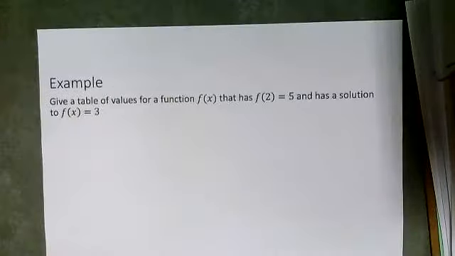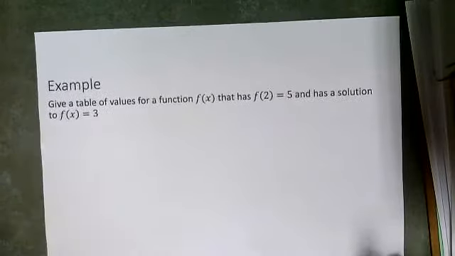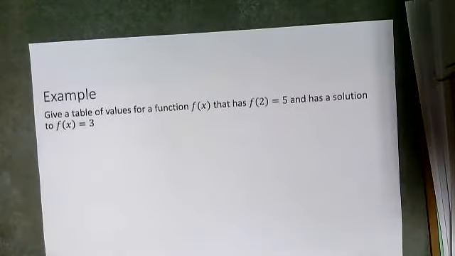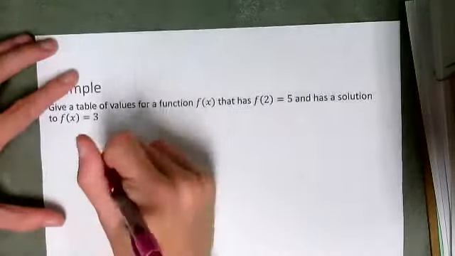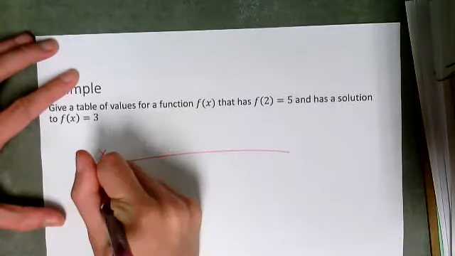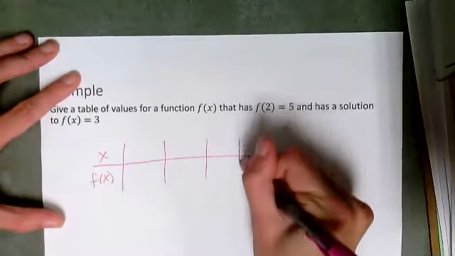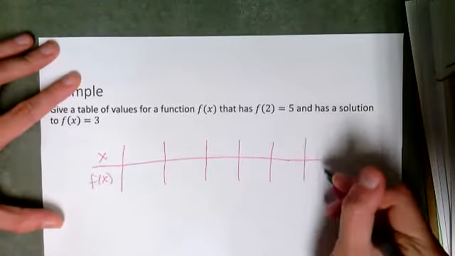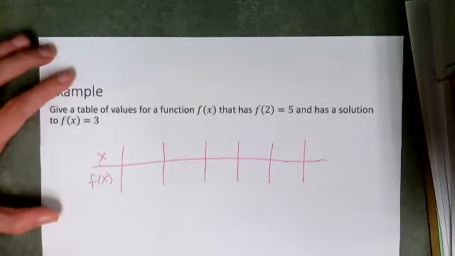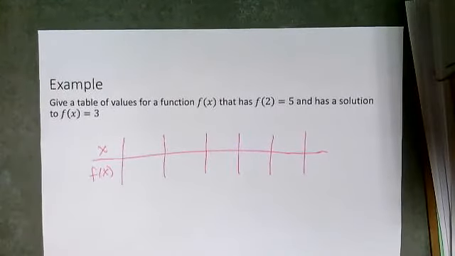So, the table of values for a function f of x that has f of 2 is equal to 5 and has a solution to f of x is equal to 3. All right. Well, let's make a table. Sure, why not? So it gives the table, so it has to be a function, right?